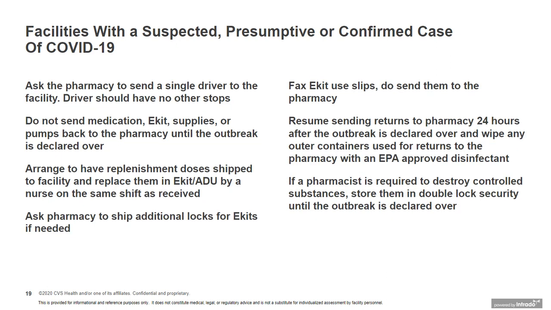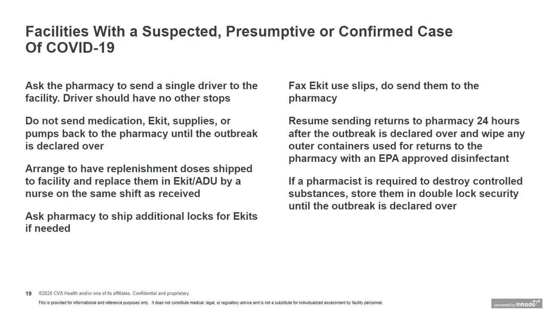What we want to do is make sure that if you have a positive case, the pharmacy would send a single driver with no other stops to your facility to deliver the medications. During this time, as I said, send no medication, emergency kits or supplies or pumps back to the pharmacy until your event or your outbreak is declared over and your facility is safe.